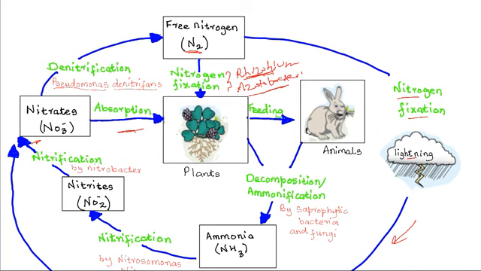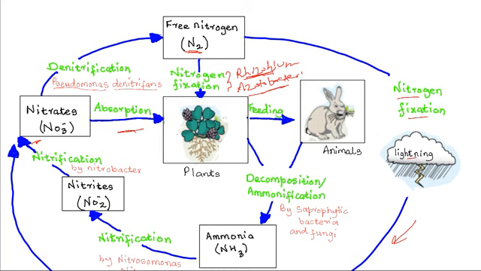The second main process in the nitrogen cycle is ammonification. Ammonification is a process by which protein compounds in dead plants and animals, or the waste products of plants and animals, are broken down into ammonia by saprophytic fungi and bacteria.